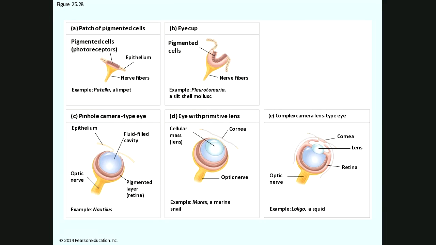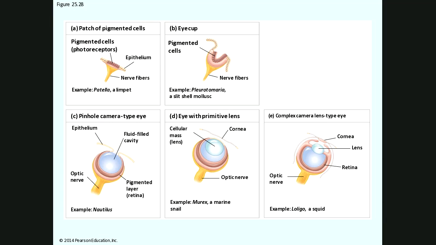And then if you cause that cup to narrow in and make a pinhole eye with a fluid-filled cavity, you start to increase the resolution of that image. Now you can see it as more than just a shadow. Then add a lens, and then add a complex lens that can be focused. So you see eyes down here at the right, like those of a squid.